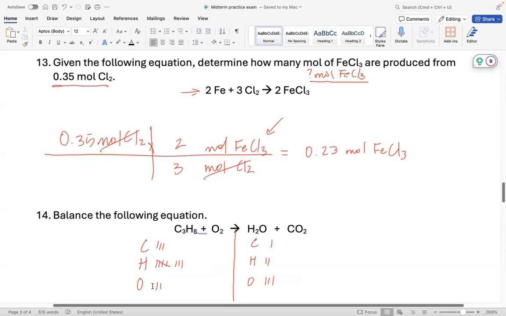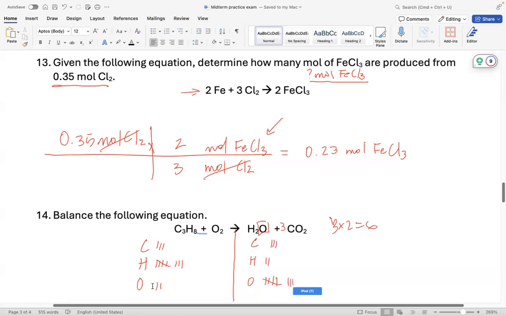When I was looking at this, my first thought was to add a 3 and get my carbons balanced first. Adding a 3 here will bring the carbon count to 3 on this side. And for the oxygen count, I'm adding 3 times 2, which is 6, plus this one over here, so 7.